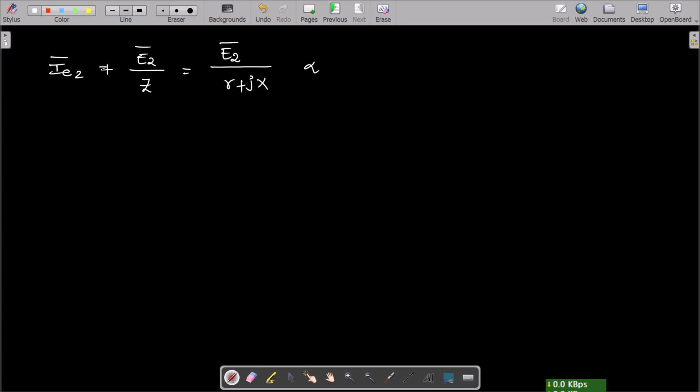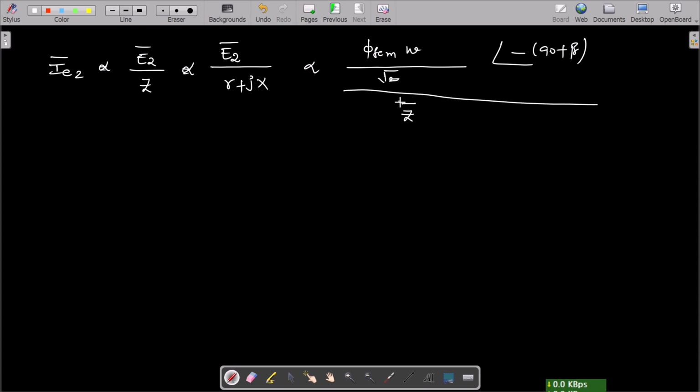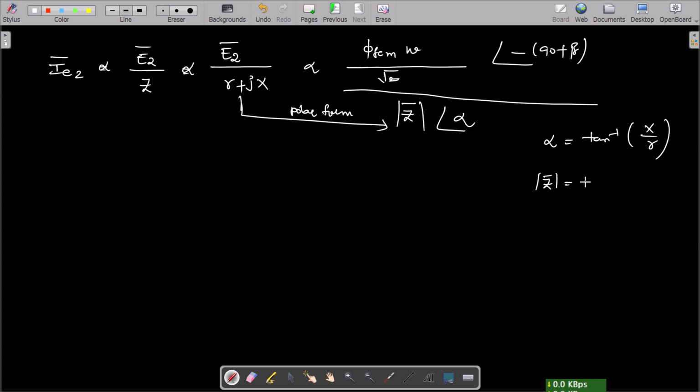This is proportional to phi SCM omega divided by root 2, since that is the E2 equation at an angle of minus of 90 plus beta, divided by mod Z at an angle of alpha, where alpha is tan inverse of X by R, the impedance angle of the disk. We write Z bar in polar form, where the magnitude is the square root of R square plus X square.